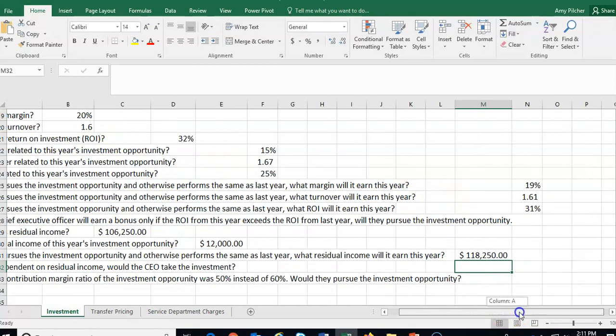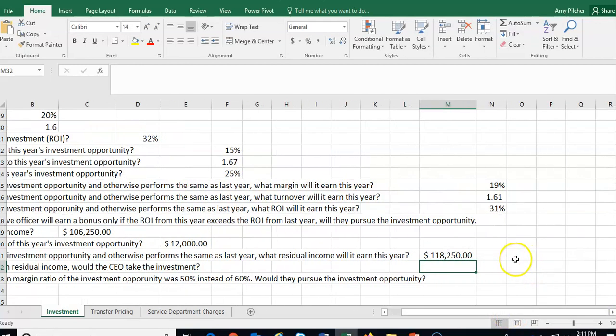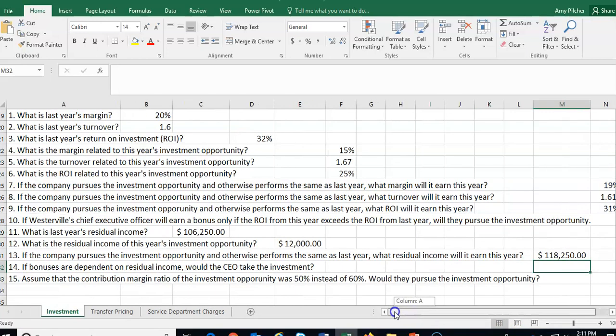And if we calculated the full residual income, we would get the same result as $118,250. Question 14 says, if bonuses are dependent on residual income, would the CEO take the investment? Yes, she or he absolutely would. That is an increase of $12,000 from the investment, and they absolutely would say yes to the investment.